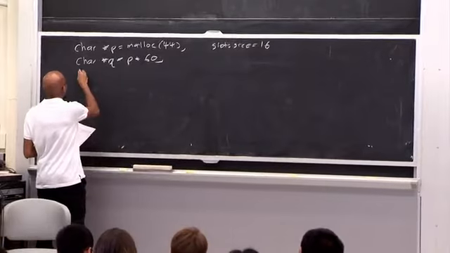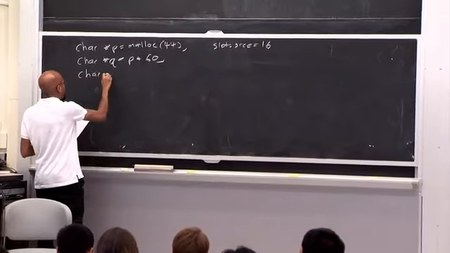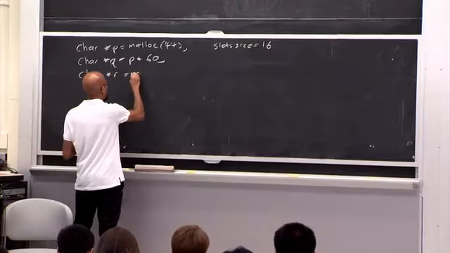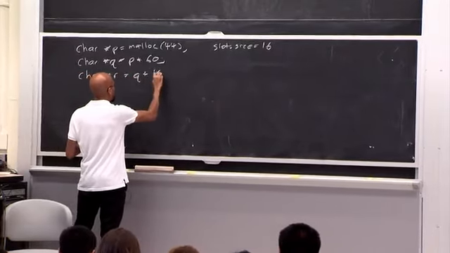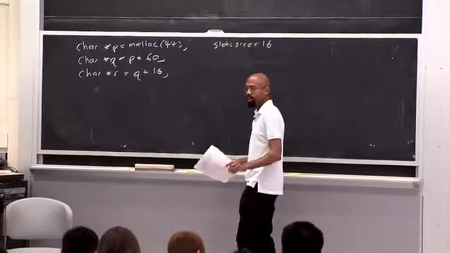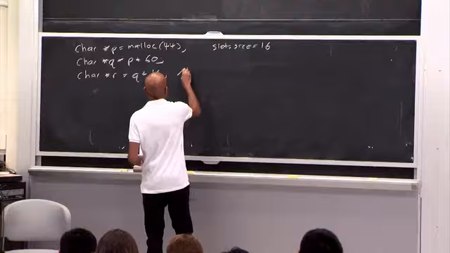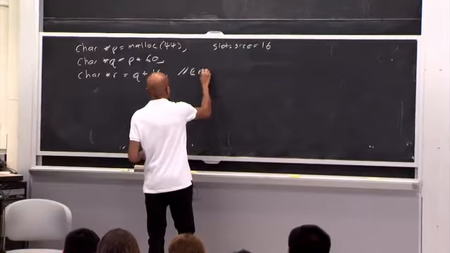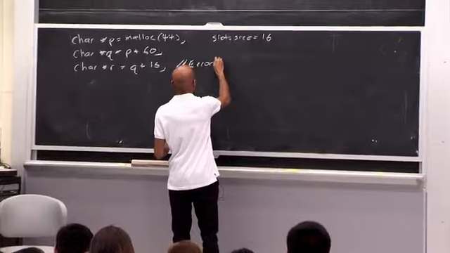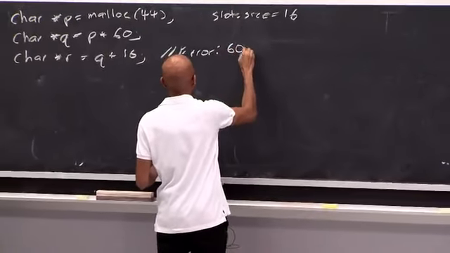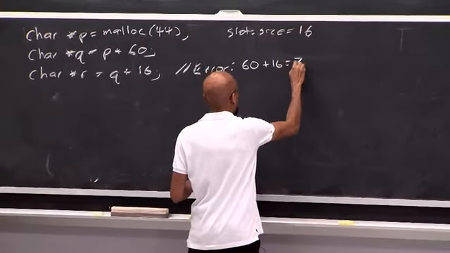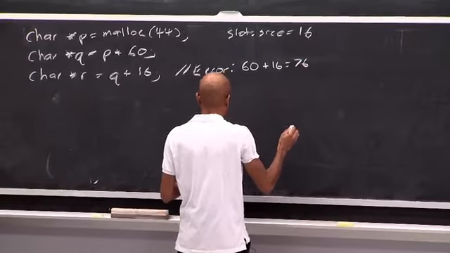Now, let's say that the next thing we do is we define another pointer, which is going to be set equal to Q plus 16. Now this is actually going to cause an error, because now Q is at an offset of 60 plus 16, which equals 76.